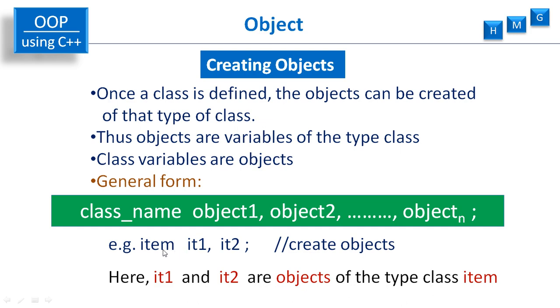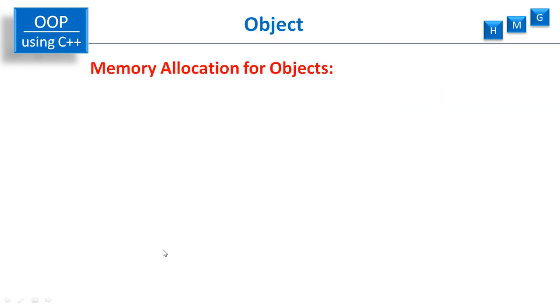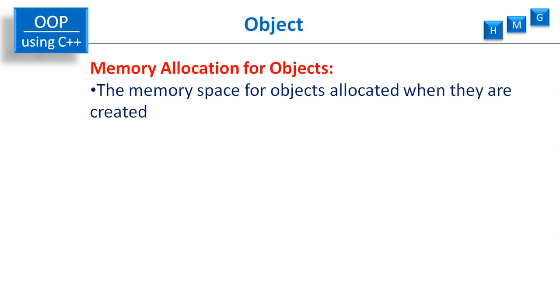Now let us see how the memory is allocated to objects. The memory space for objects is allocated when they are created. So when you create the objects using the format we have just seen, at that time the memory is allocated.